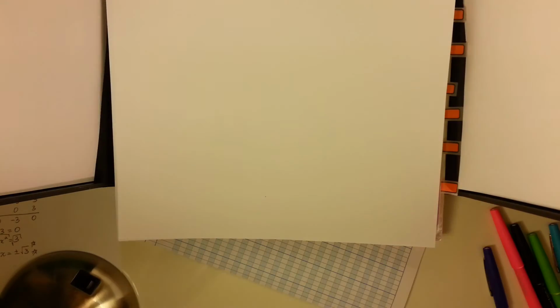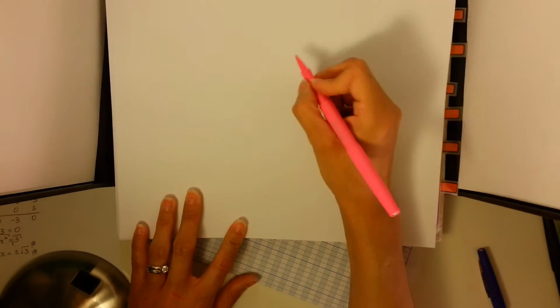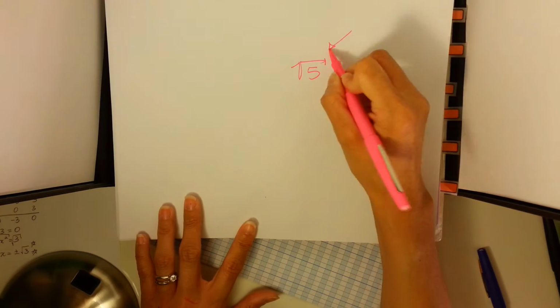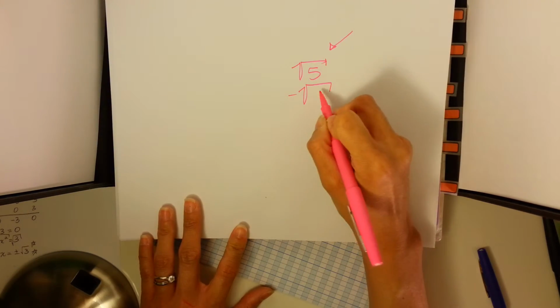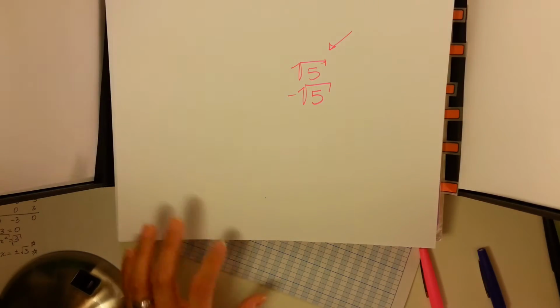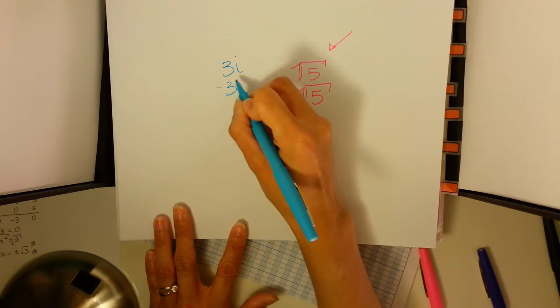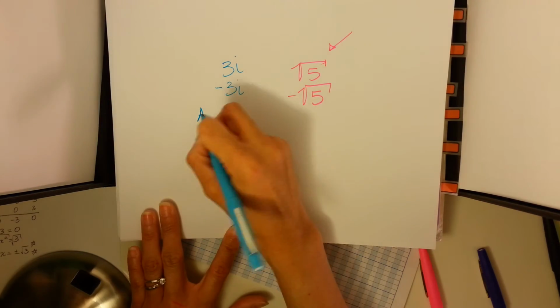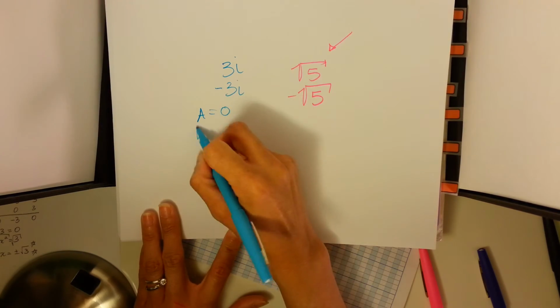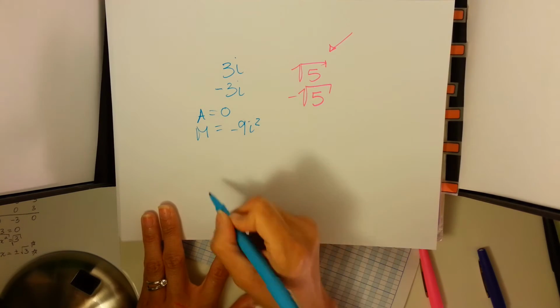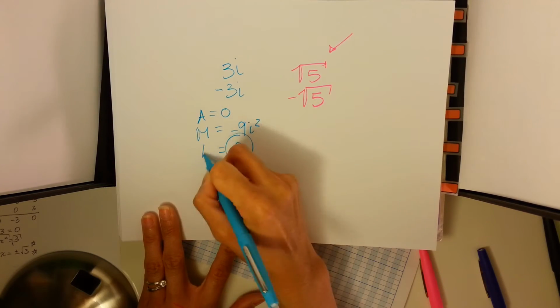Alright, really quick word. If you have something like a square root of 5, please don't freak out. There is a root there, so he does have a partner. Right? If you say something like just 3i, that means that negative 3i is also there. So very quickly, this would add to 0, this would multiply to a negative 9i squared, which means you would have 9.